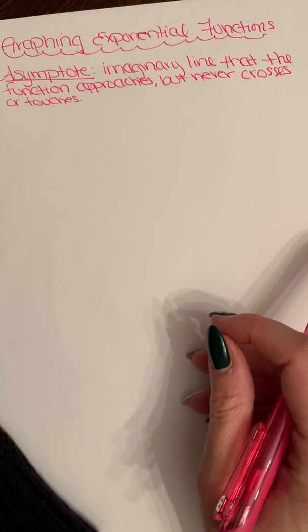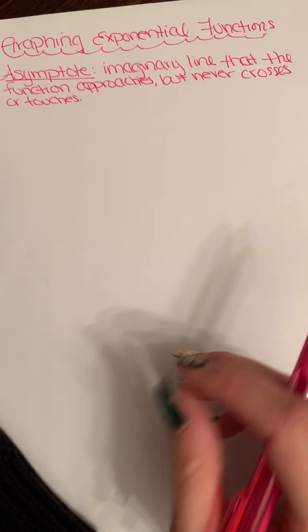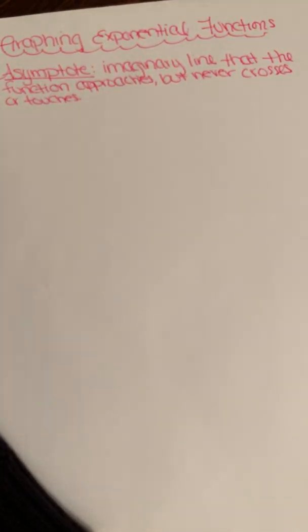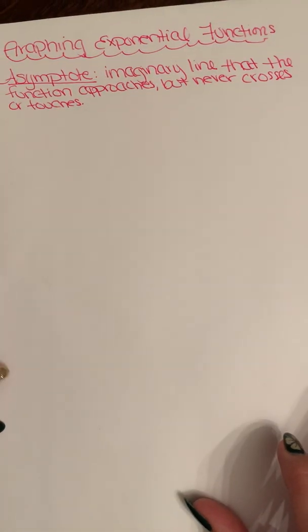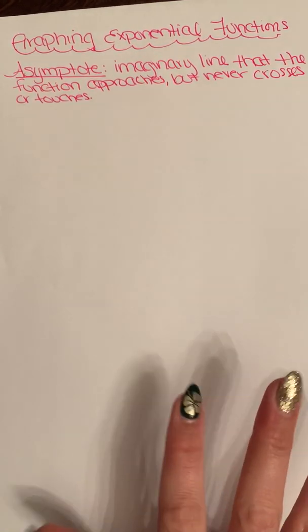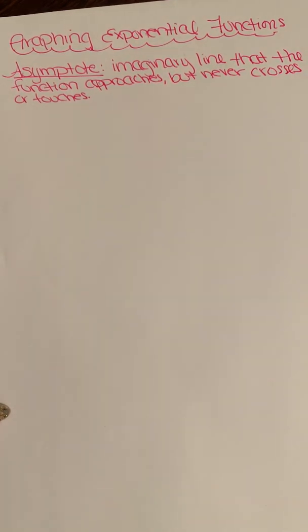And he's like, well, because you can approach it, but you never get out of the friend zone. And I was like, you know what? You're right. So from that point on, I've always associated asymptotes with the friend zone.